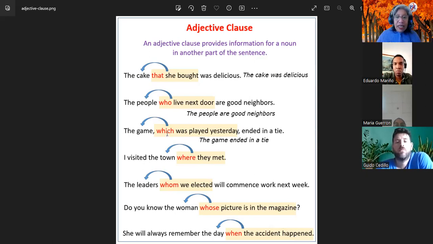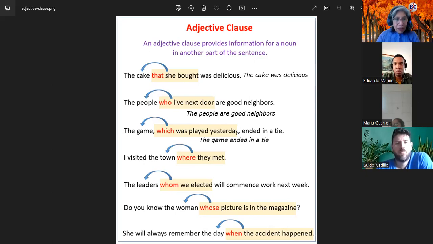But when I say the game which was played yesterday, okay, it's not any game. It's the one that happened yesterday. It's not the game two days ago. It's not the game last week. It's not the game today, but the one that was yesterday. Okay. That's why the adjective clauses are necessary to clarify information.